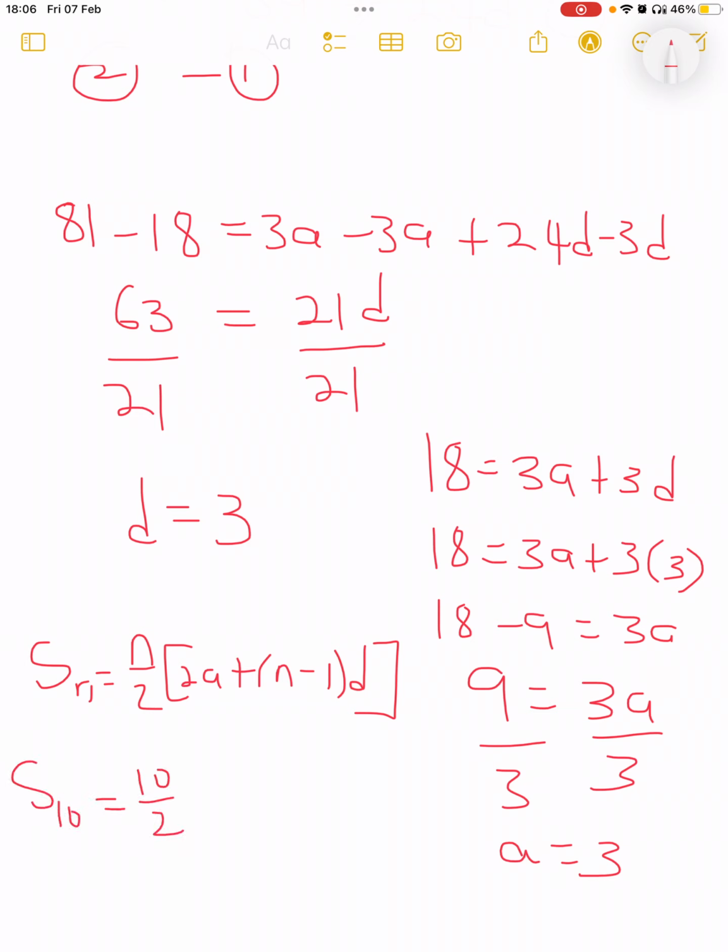It's 10 over 2 into 2 times the first term, A is 3, plus 10 minus 1 multiplied by the common difference 3, close bracket. If you put this in a calculator, you get that S10 is equal to 165.